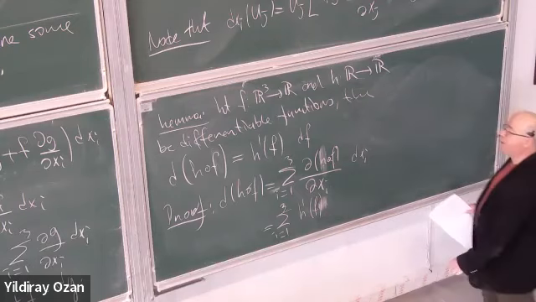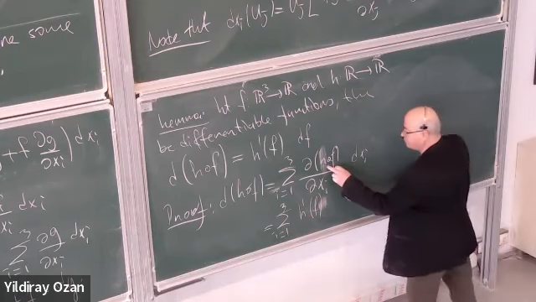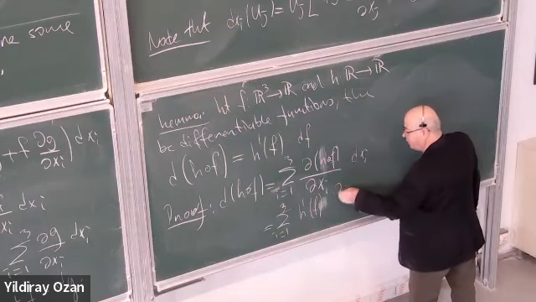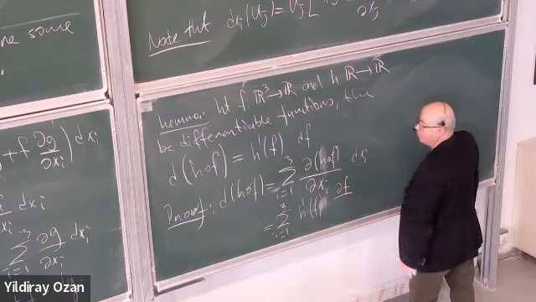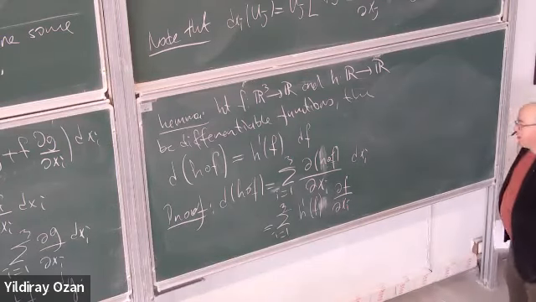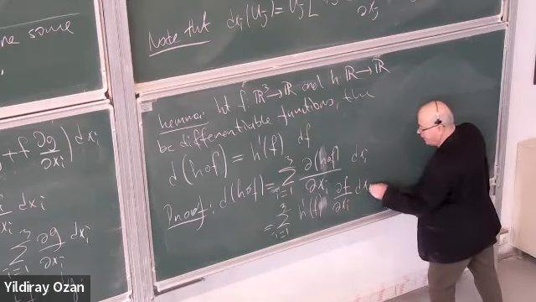Let me write it this way: times the derivative of f with respect to xi, and then I have dxi.